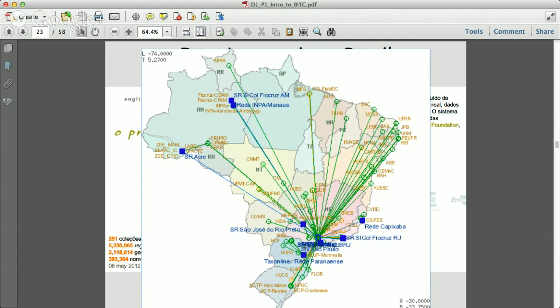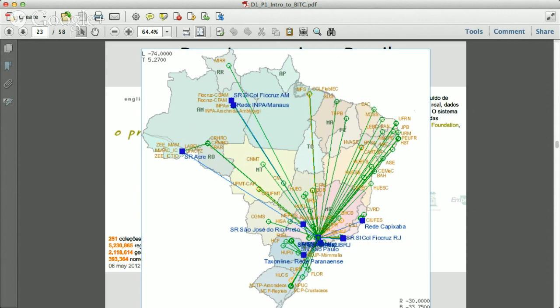So this integration is a wonderful way of linking institutions that used to be far apart. This map shows you the different institutions that are linked together via the Species Link project in Brazil.